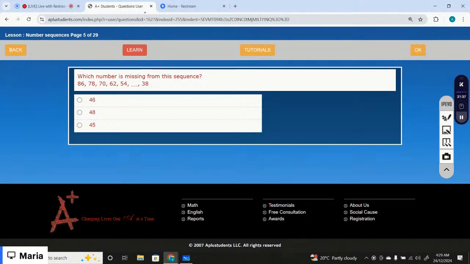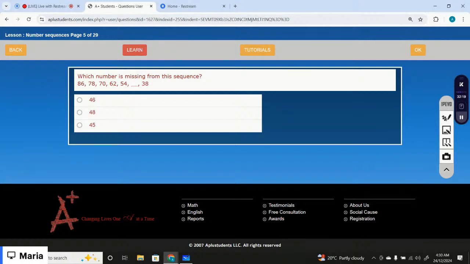Which number is missing from the sequence? That is, the pattern is decreasing by 8.